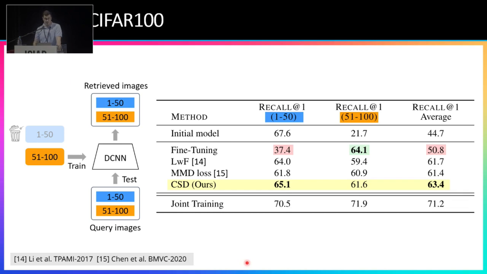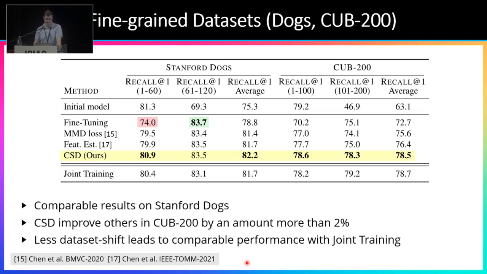And this is probably due to the fact that in CIFAR there is a huge dataset shift across tasks. For the 2-task fine-grained evaluation on the fine-grained datasets, we obtain similar performance with respect to CIFAR, as our method always achieves the highest values when compared to the other methods, being second only on the second task of Stanford Dogs, with a gap of 0.2% with respect to fine-tuning again.